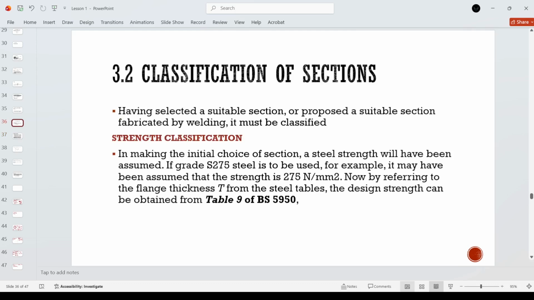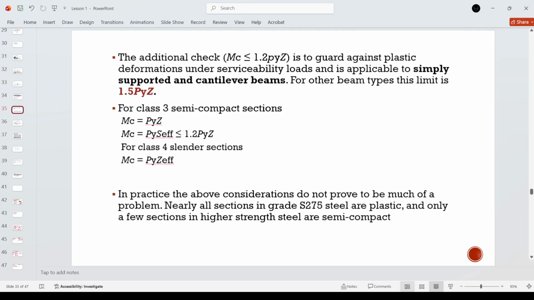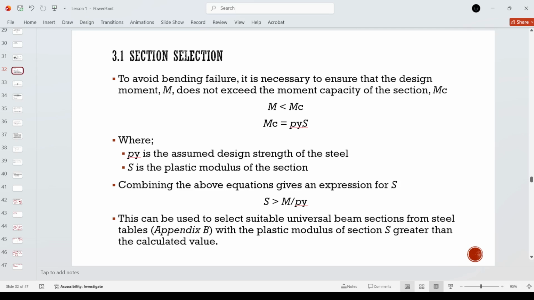Okay, must be here, section selection. Very good. Yes. So we said when we are selecting the section, to avoid bending failure, it is necessary to ensure that the design moment M does not exceed the moment capacity. So every section we select has its own moment capacity.